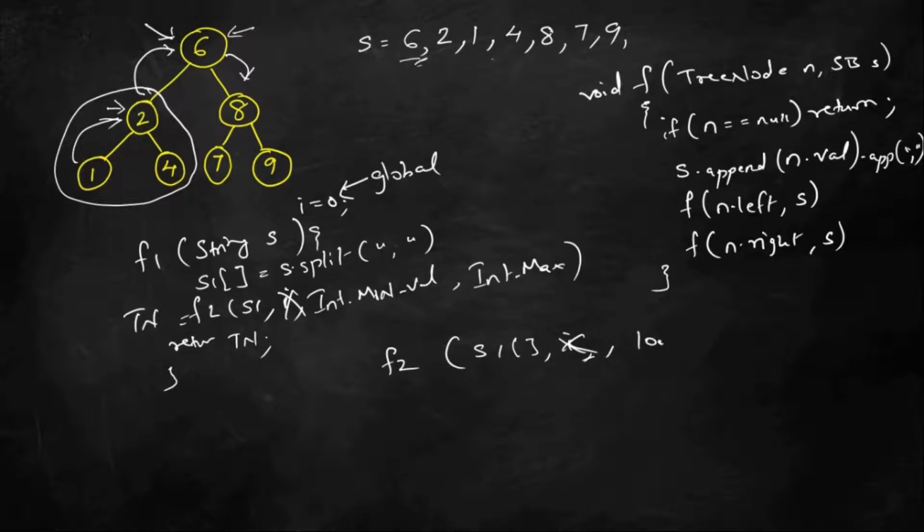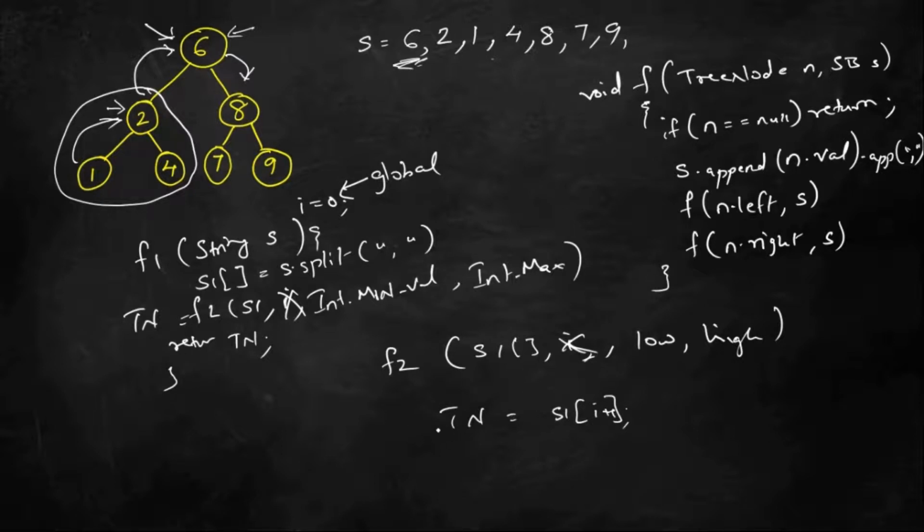So here it will be the low value and the high value. When we are traversing through the string, my current value should always be between the low and high value. Since initially the low value is min value and the high value is max value, the first element falls between them, so we can directly create the tree node with s1 of I, and then increment I as well.